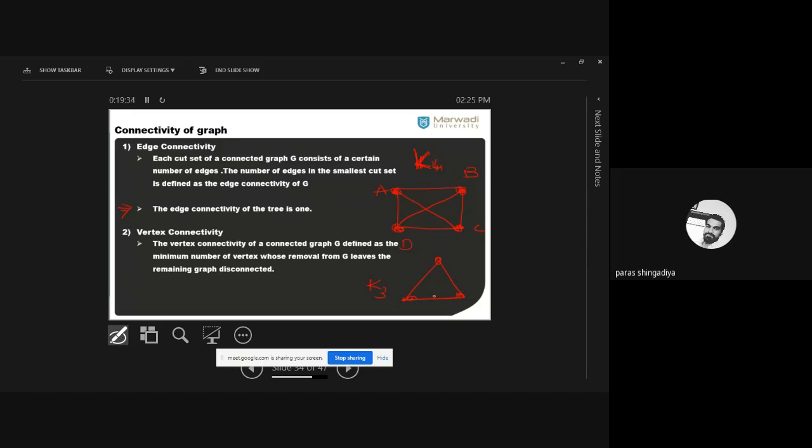Okay, so that is the definition of vertex connectivity. Now for the concept of a tree, the vertex connectivity of any tree is 1, and here the degree of the vertex should be greater than 2. In that case, it is possible to check the vertex connectivity.